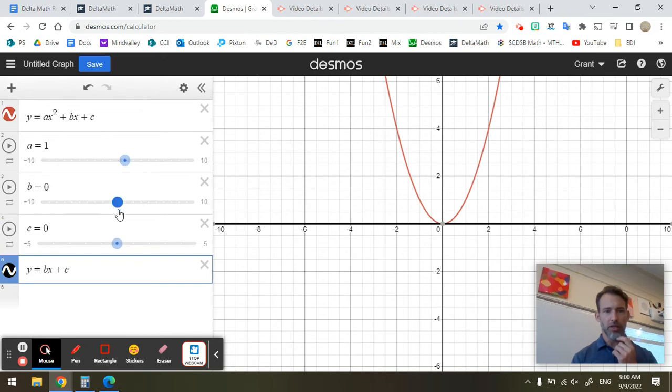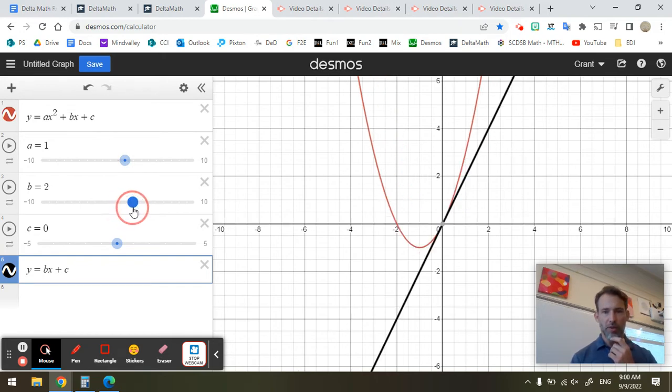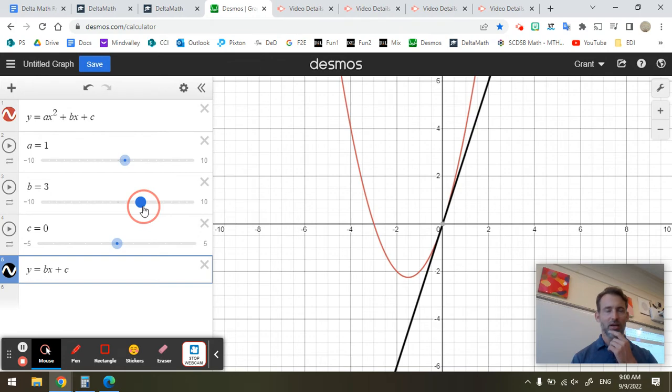So let's change the slider for b. As I move that slider, do you see what's happening there at the y-intercept with that line? This is the parabola y is equal to x squared plus 3x plus 0, and this is the line y is equal to 3x. Notice that the slope of the line is 3, and the slope of the parabola as it crosses the y-axis is given by b. You see that there?